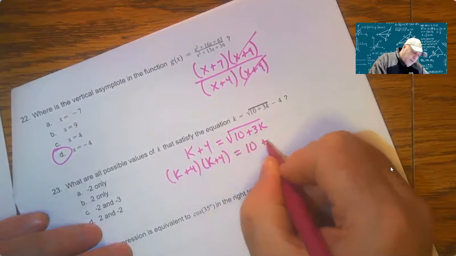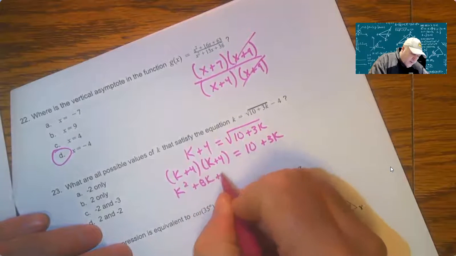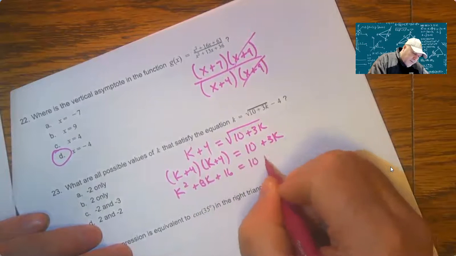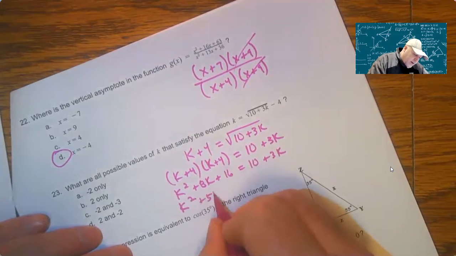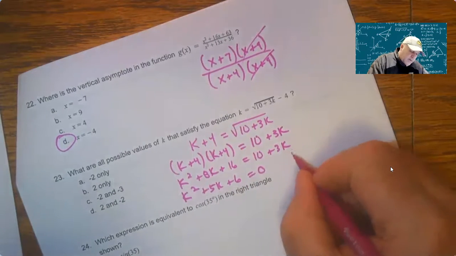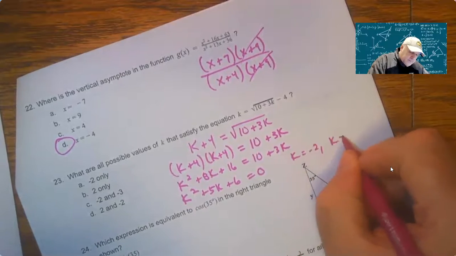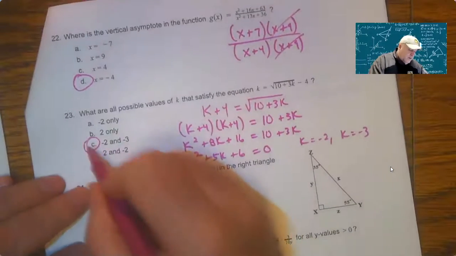Then we'd have 10 plus 3k. So k squared plus 8k plus 16 equals 10 plus 3k. So we're going to have this quadratic to solve, k squared plus 5k plus 6. So -2 and -3 are going to be the two solutions.